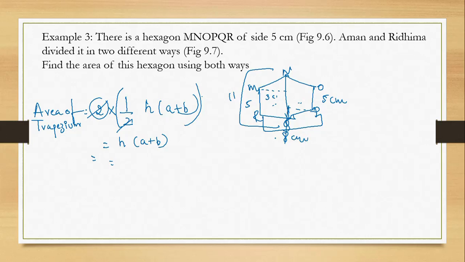So half of it is the height, this is 4, so 4 into a plus b. Here a is 11 and b is 5.